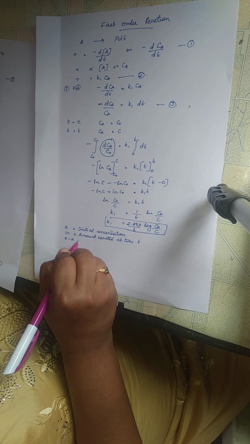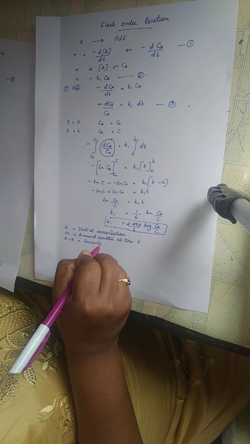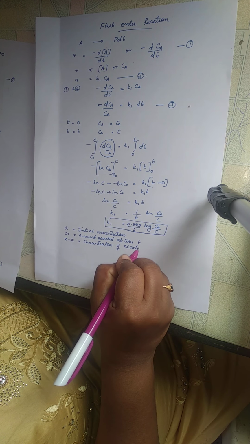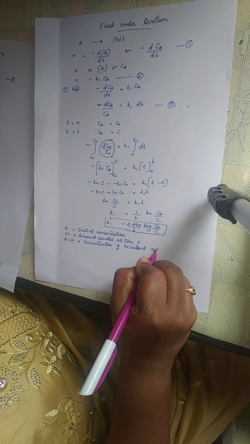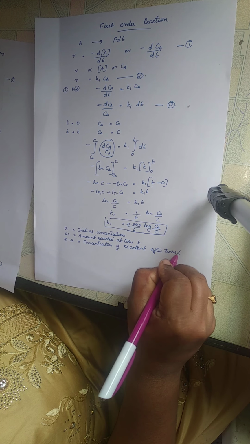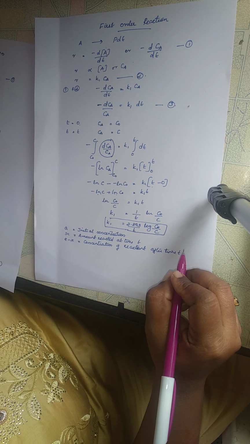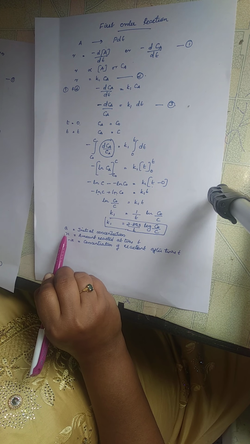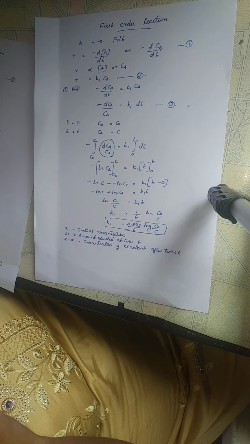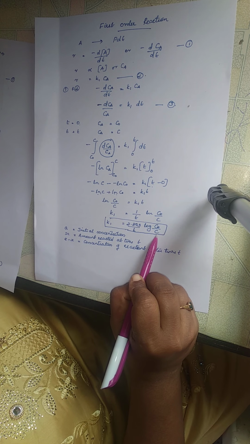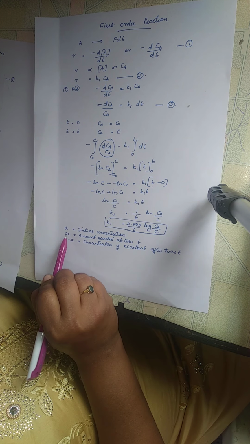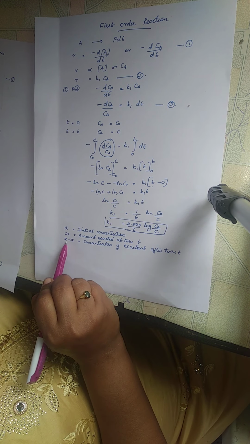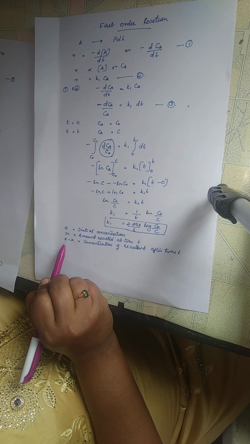Then a minus x gives the concentration of reactant after time t. That is, in the above equation, instead of C0, the initial concentration, you can replace C0 by a, and C is the concentration after a time t. Here, x is the amount reacted. Therefore, after a time t, the concentration of the reactant left is a minus x. Therefore, instead of C, you can write a minus x.